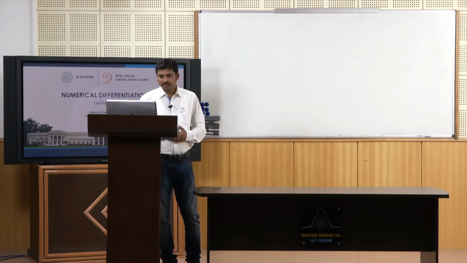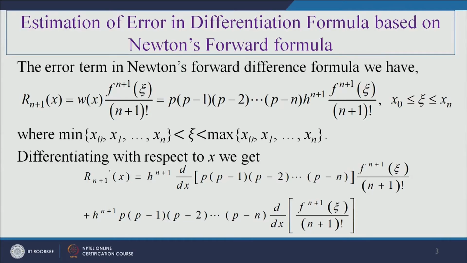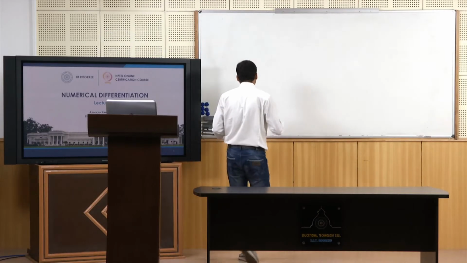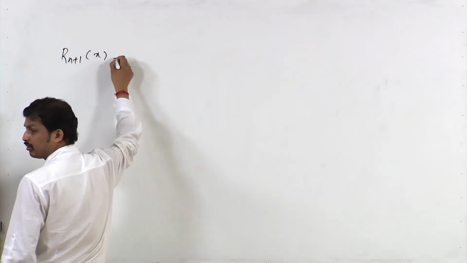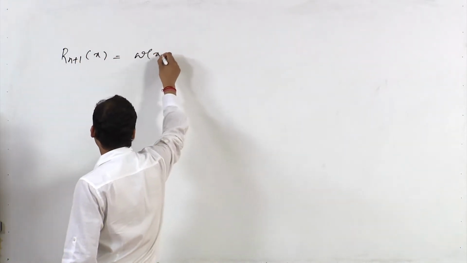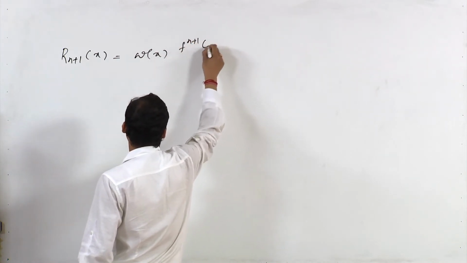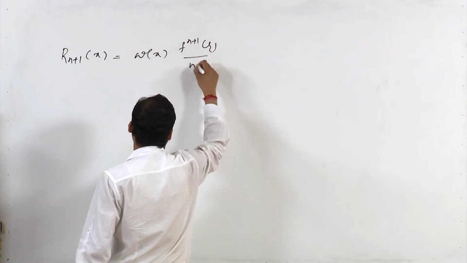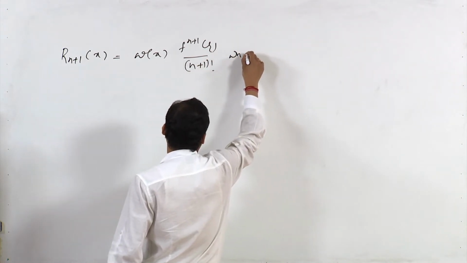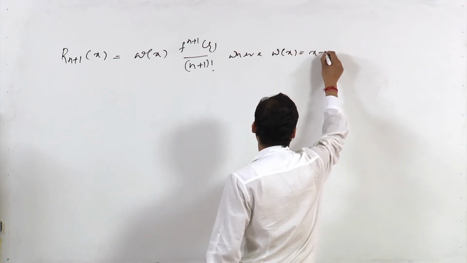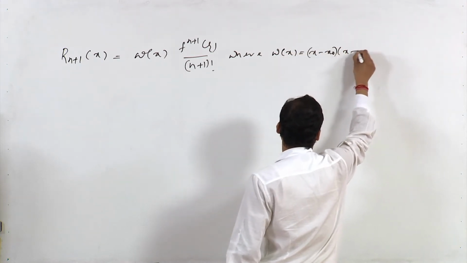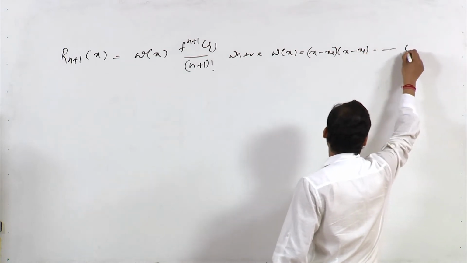So, if we go for the error term analysis based on Newton's forward difference formula, the error term is usually written in the form Rn plus 1 of x equals omega x times f to the power n plus 1 of zeta by n plus 1 factorial, where omega x is written as x minus x0, x minus x1, up to x minus xn.